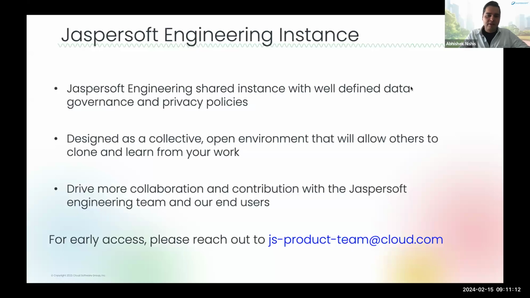This is completely AWS hosted with a server in Germany. The goal is that it'll have a direct instance to JasperReports Server and JasperReports Web Studio. This is what the Jaspersoft engineering team will use to contribute to the wider community and customers. And we also invite customers, partners, and community members to come and work with us.